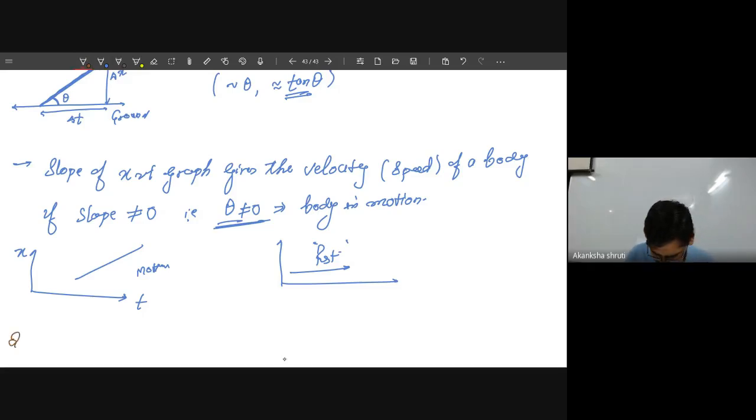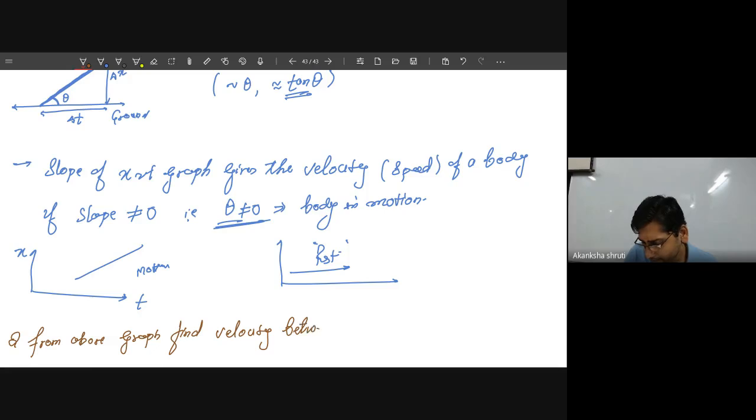Okay, students, in the above case, let me do one more thing. So from the above graph, find velocity between the time interval 2 seconds to 4 seconds.